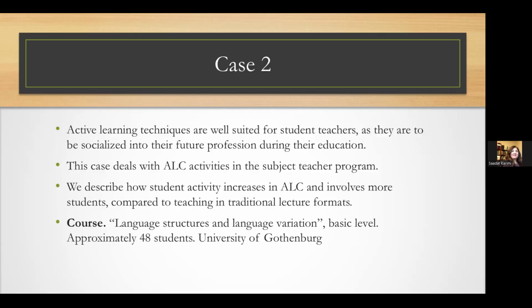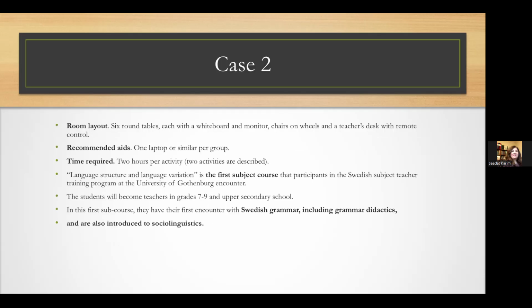So the course is Language Structures and Language Variation, basic level. We have approximately 48 students in this group at the University of Gothenburg. Regarding the room layout, there are 6 round tables in the room, each with a whiteboard and monitor, chairs on wheels, and a teacher's desk with remote control.